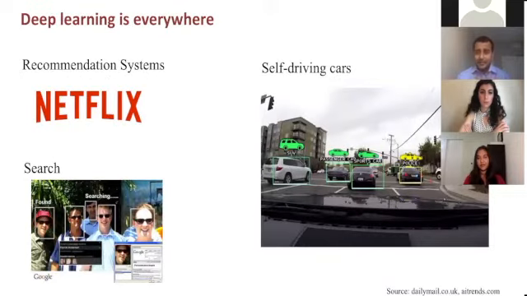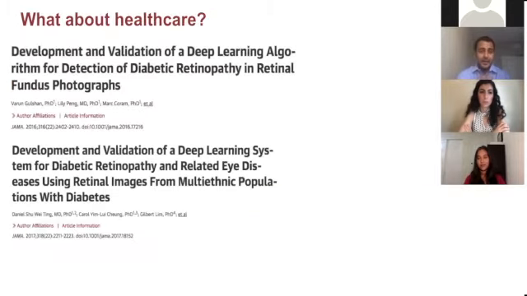And deep learning is everywhere. I mean everywhere, from your Netflix queues to Google Photos to self-driving cars, right? It's so dominant in the field outside of healthcare that it's just a matter of time before it gets established in healthcare. And we already see evidence of that. In early 2018, the first deep learning papers started coming out.